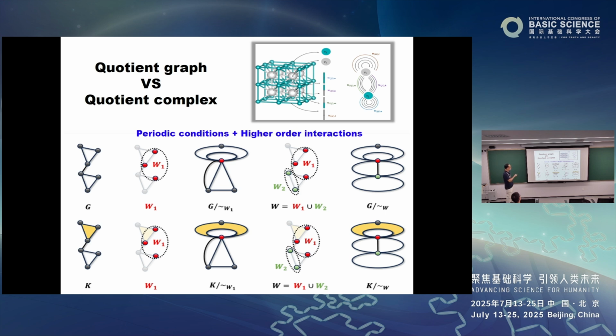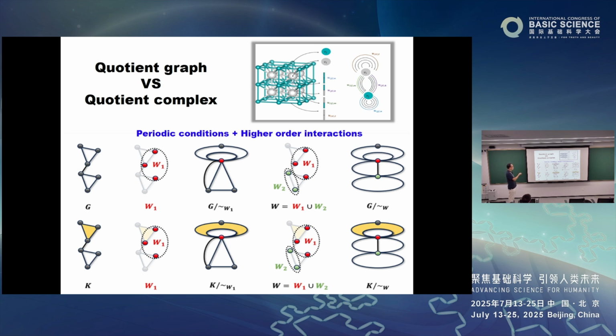Here is a more practical example of what people really do in the calculation. What they do is that you have the unit cell, and then they can repeat it many, many times into this supercell. And then in this supercell, they can, again, relate the atoms of the same type into this unique point.